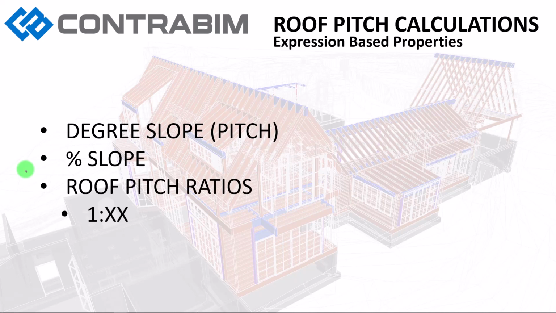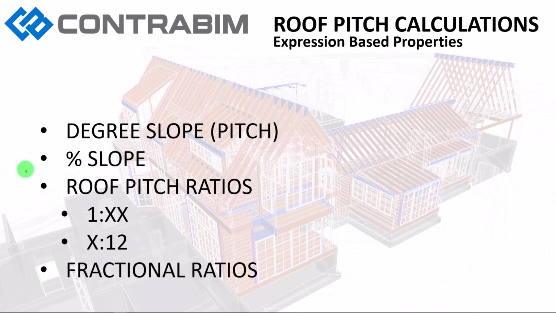So we'll talk about using fixed ratios, whether it's 1 to a variable number or a variable number to a fixed ratio as demonstrated here. And we'll also get into fractional ratios, which can be really useful when you have a number less than 1 to 12, which is quite common here, at least in the US. For those international users, this may not be as applicable to you, but hopefully you can learn a few things along the way as well.